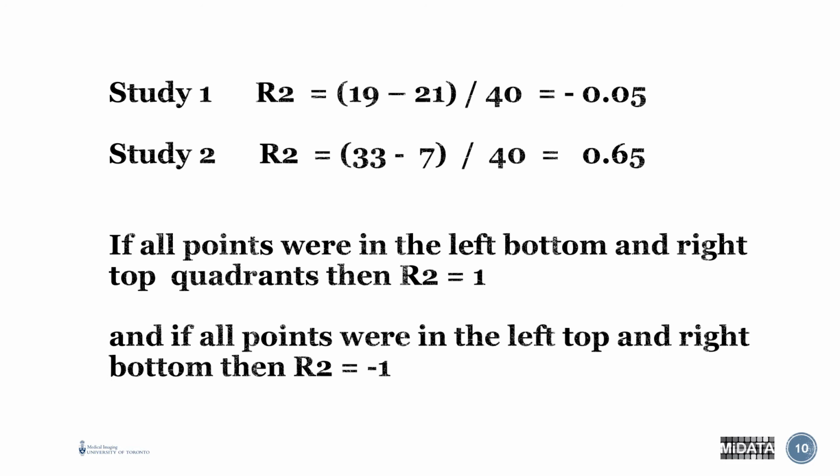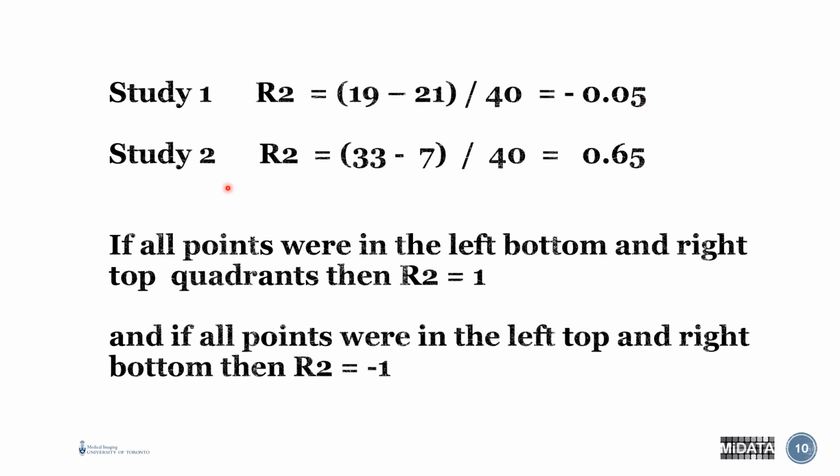All right, this is what we end up with. So for our second attempt at a statistic, for study 1, we take the number of points in the bottom left and top right quadrants, subtract away the number of data points in the top left and bottom right quadrants, and divide by the total, and we get negative 0.05.